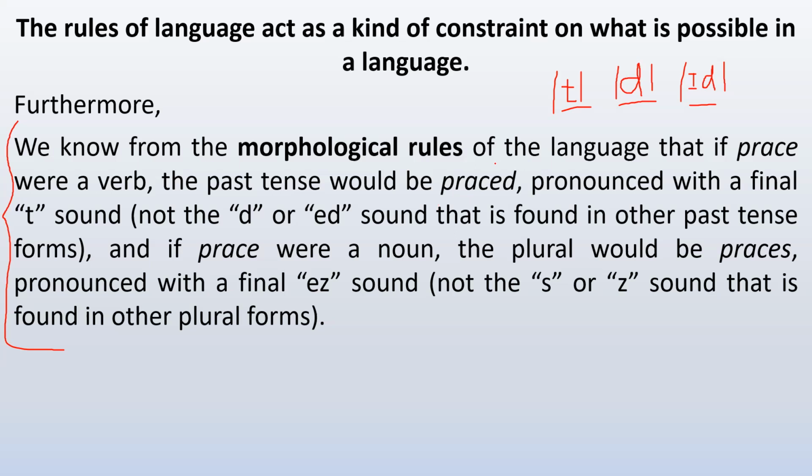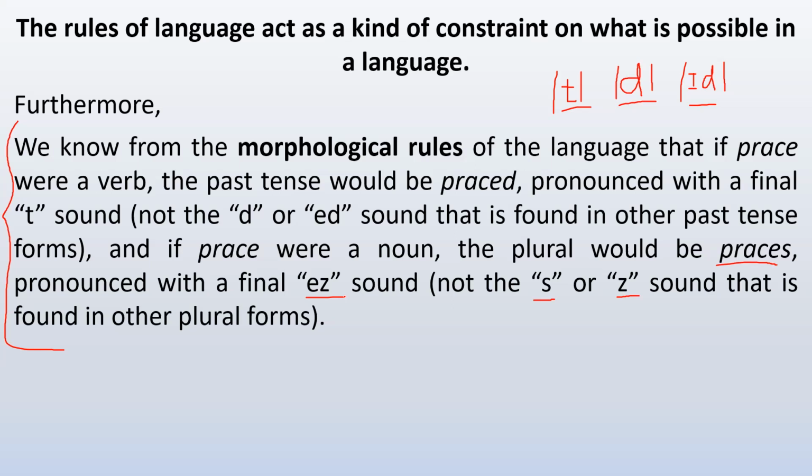And also, when you think about the pluralization of nouns using the same root word here, the example continues, right? If you think about "presses", it is pronounced with the final iz sound, not s or z, right? So when you talk about the plural formations, the final s can be seen, or z can be seen, or iz can be seen, presses, like that.